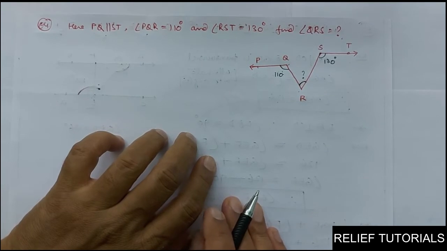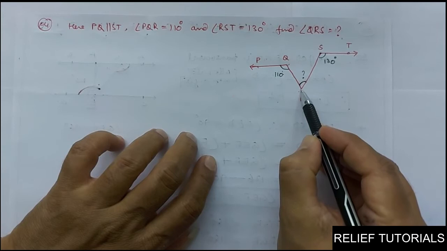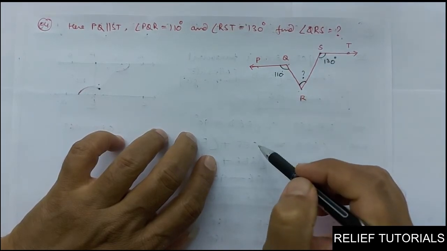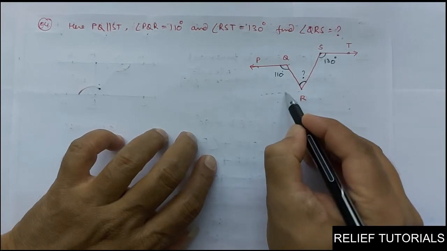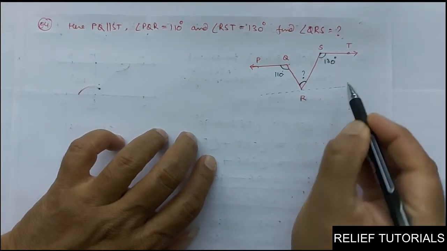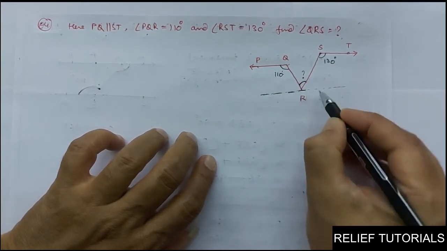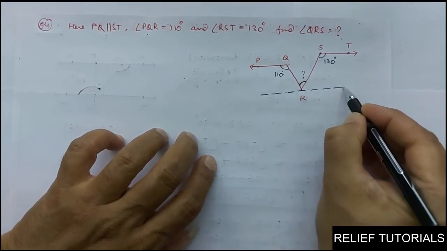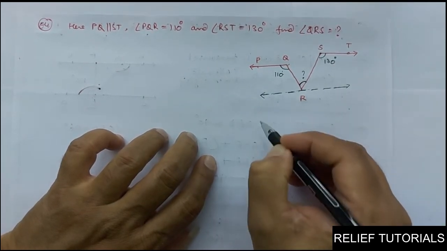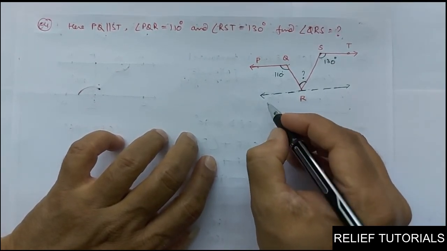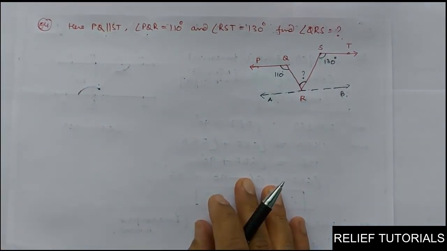So here we have to do one construction. We will draw a line passing through this R and parallel to ST. So this way. We will call this A and this B. So here we have a construction.